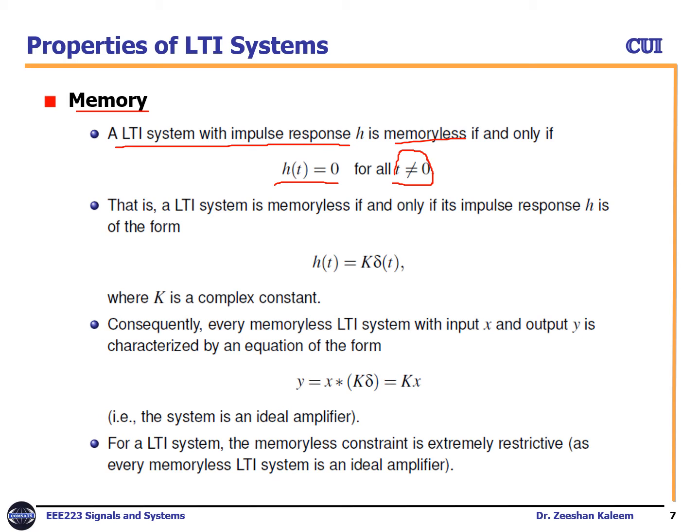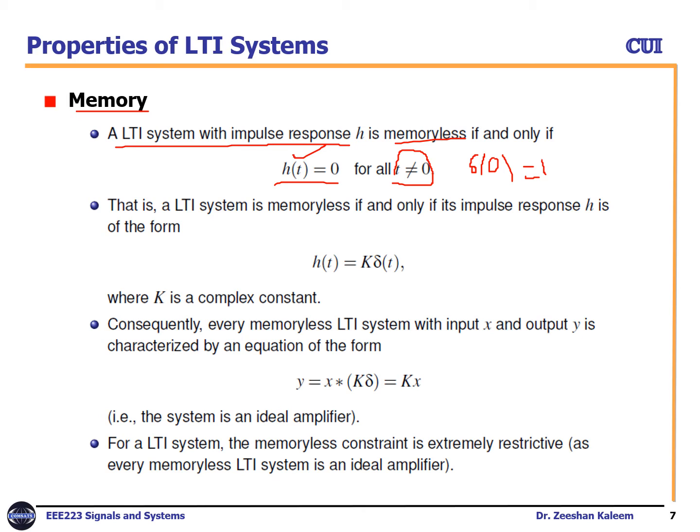So you know that when we input the impulse, the impulse is one only at time 0, right? So it means that for all t not equal to 0, h(t) should be 0, whereas h(t) should be 1 when time is 0.